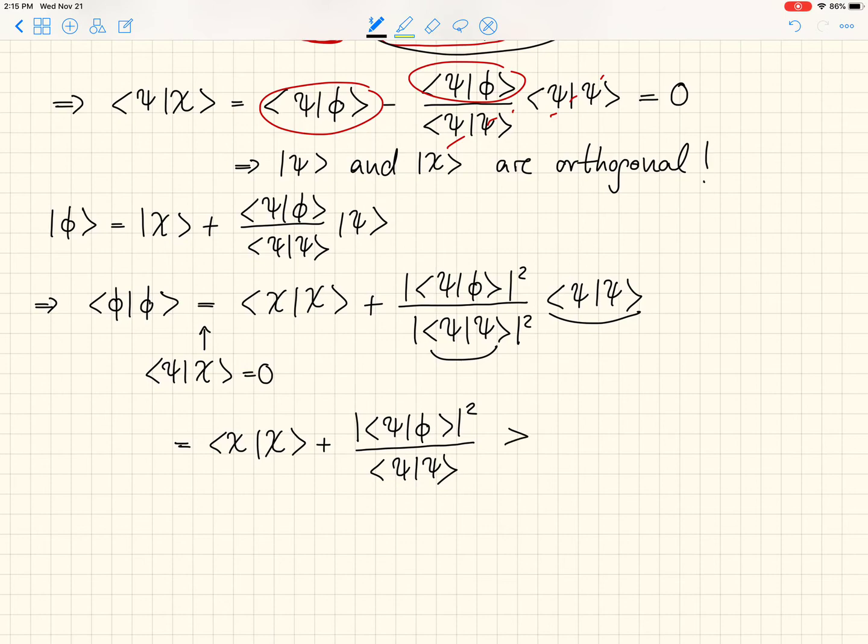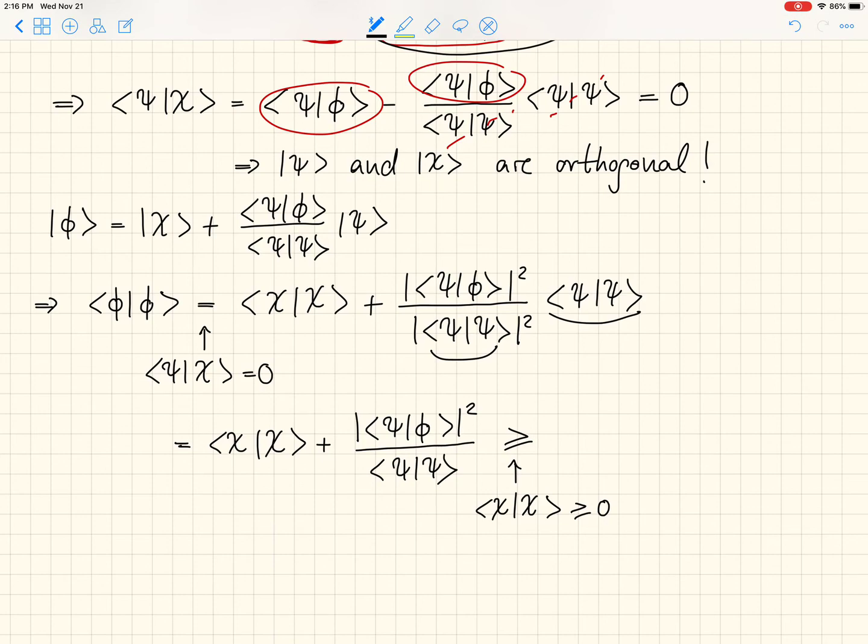And the inner product of any quantum state with itself, or any vector with itself, is always going to be larger or equal to 0 and real.